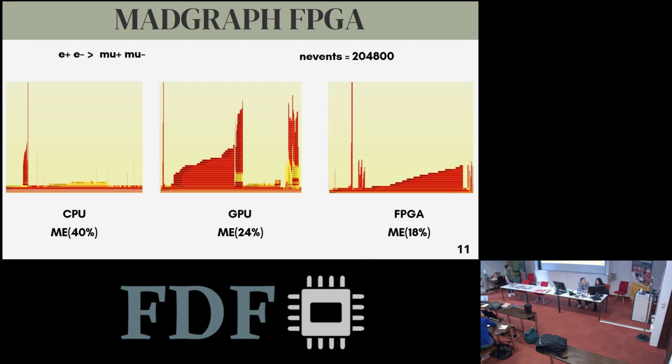Comparing the flame graph on CPU, the matrix element is 40%. On GPU, we parallelize this part and obtain a reduction to 24%. And on FPGA, we reduced it by 80%.